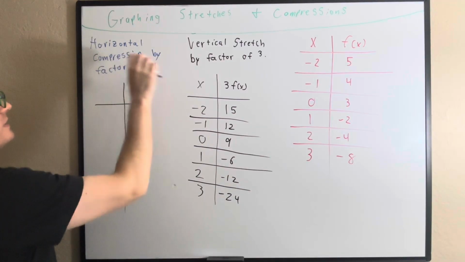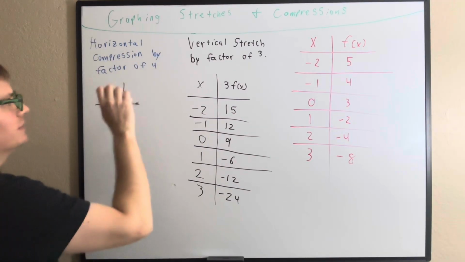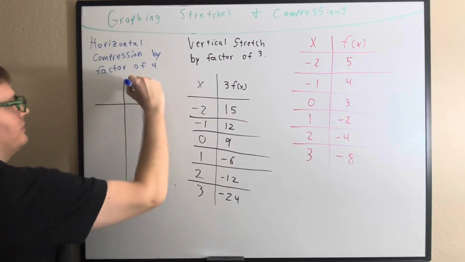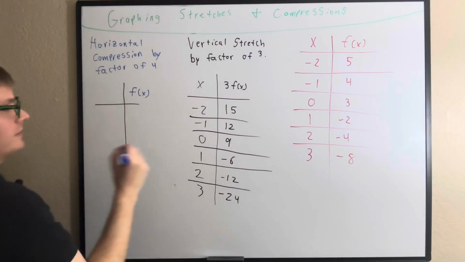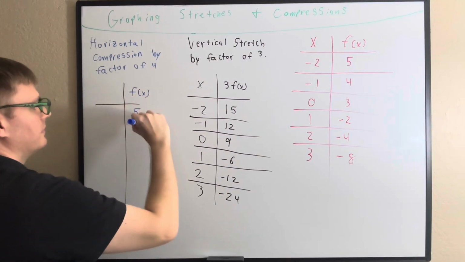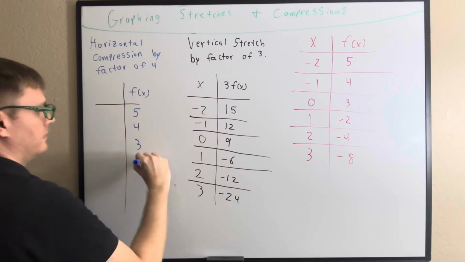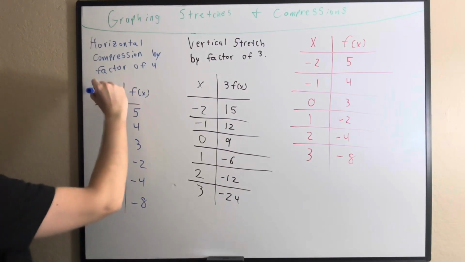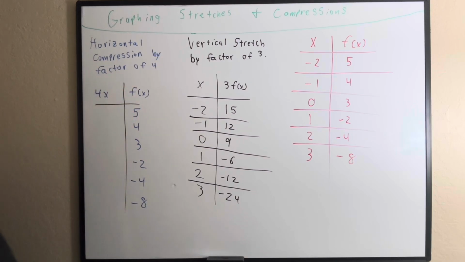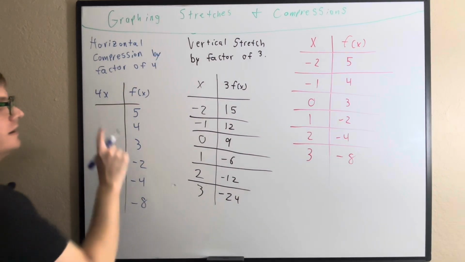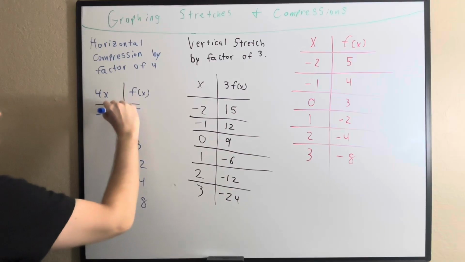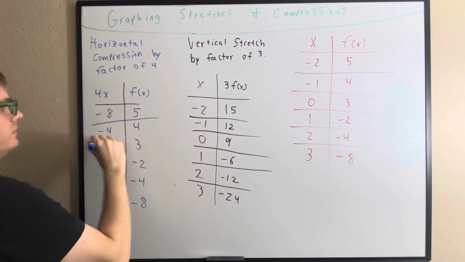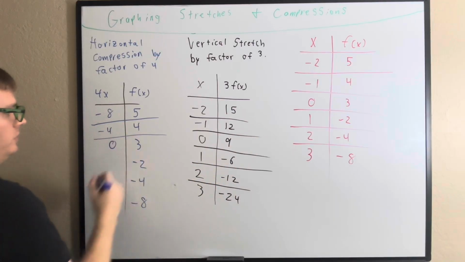So horizontal compression is multiplying the input by the factor. Oh, don't get confused. So f of x, our output stays the same, right? Input changes to 4 times x. 4 times -2, -8. 4 times -1, -4. 4 times 0, 0.